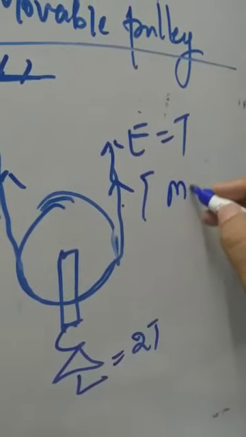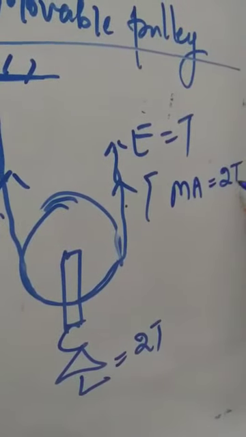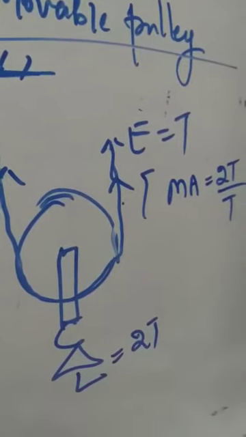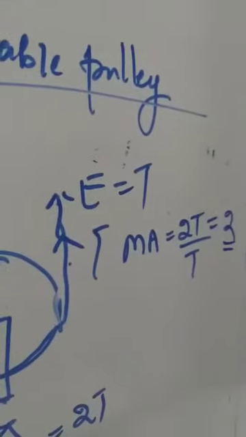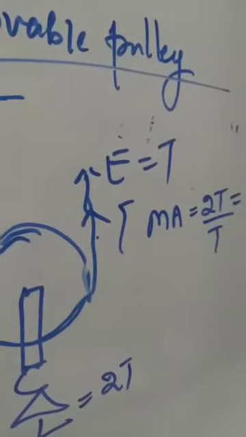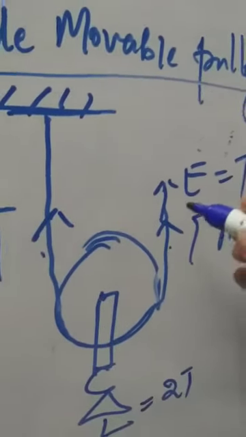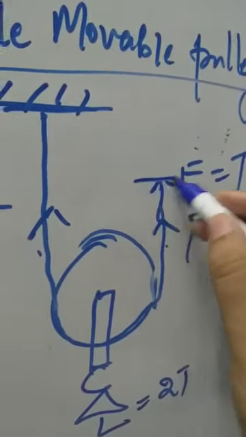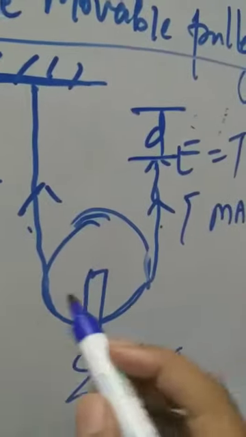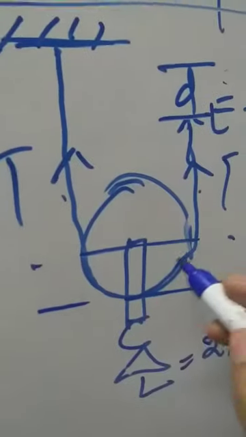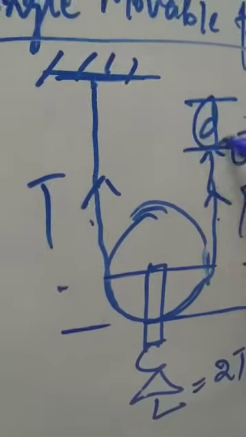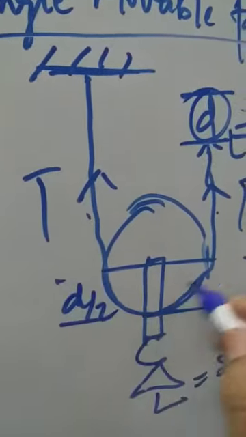So the mechanical advantage, load by effort, will be 2T by T, that is equal to 2. So clearly here the mechanical advantage is greater than 1, so it is a force multiplier. Now you see that if the effort moves a distance d, both the strands of the pulley will share the same distance, so it will be d by 2 and d by 2.